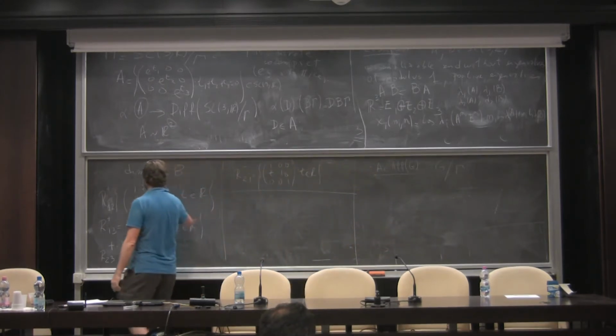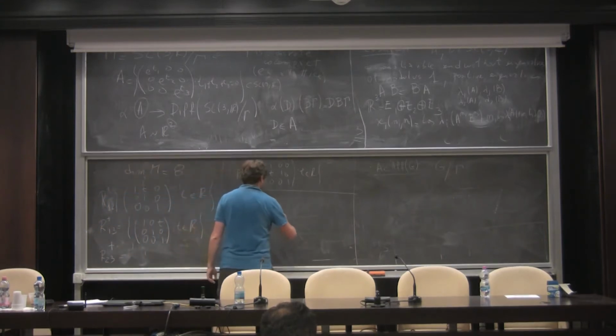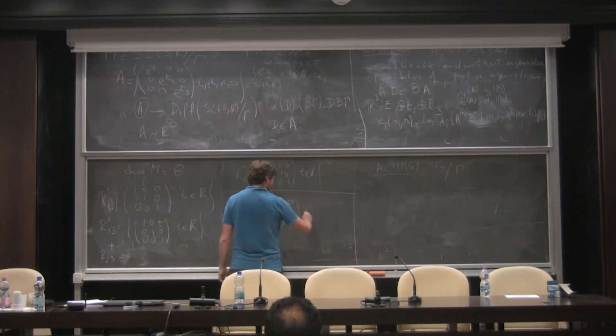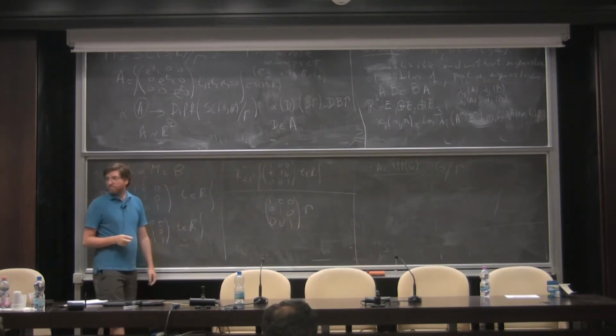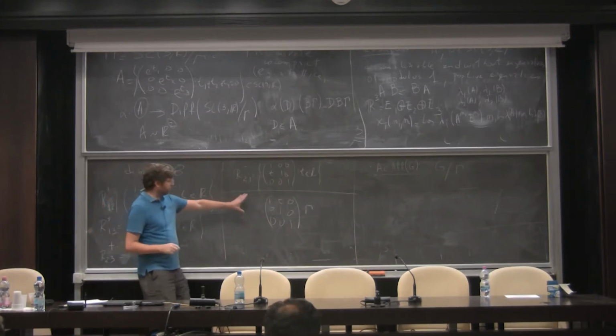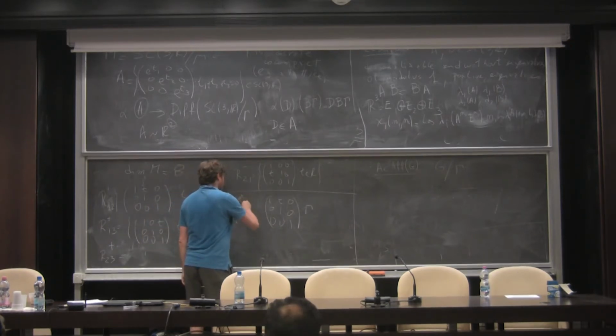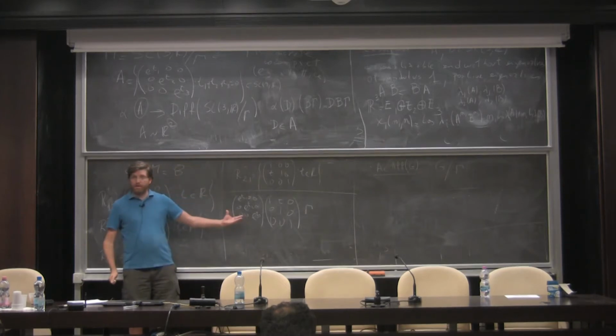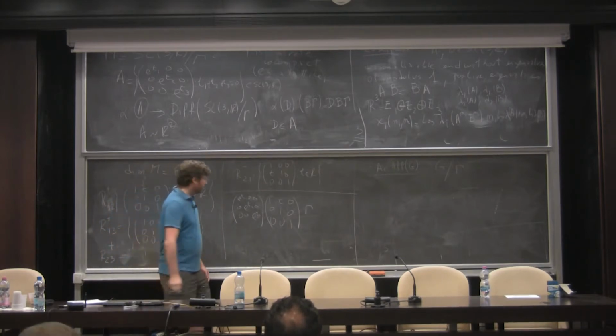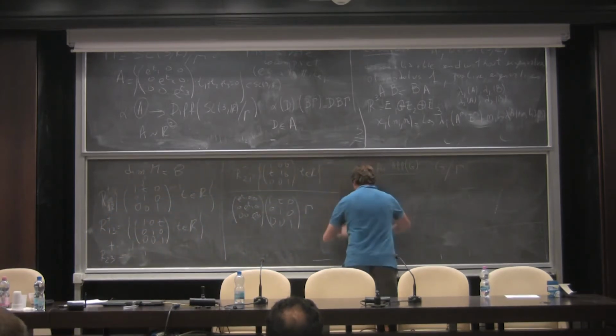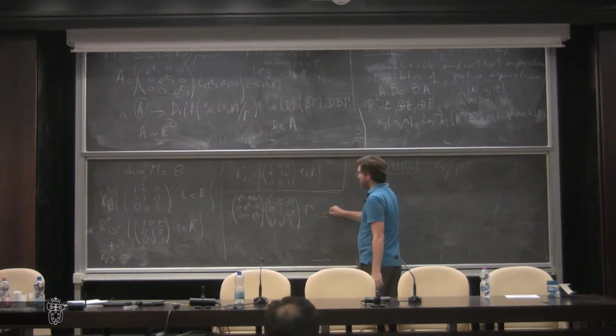So I take this matrix here times gamma. So this is an element in this space, and I multiply by this matrix e to the t1, e to the t2, e to the t3, which is the diagonal matrix. I just multiply these two matrices. What's the outcome?